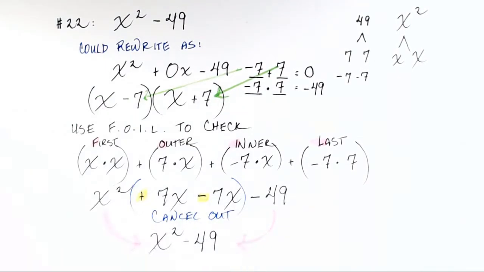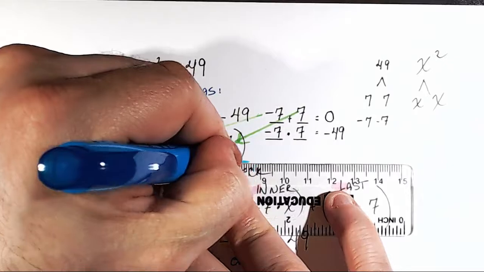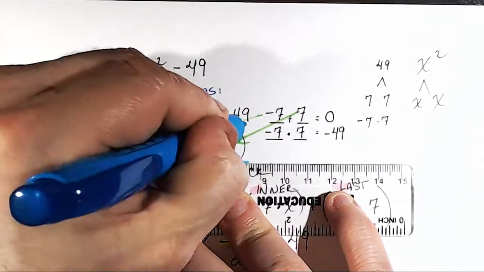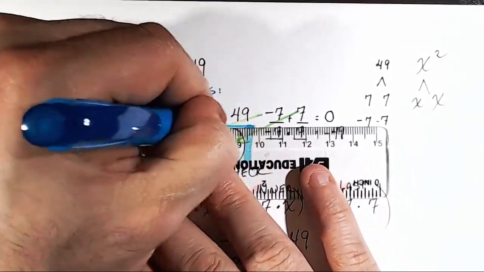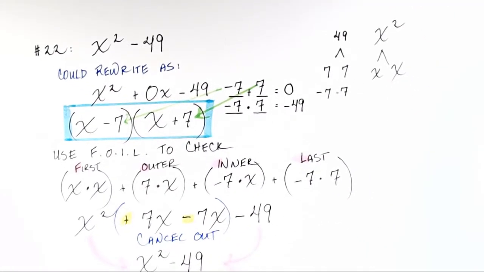You know you did it right. So that's how we know that x minus 7 times x plus 7 is indeed the correct answer. Okay?